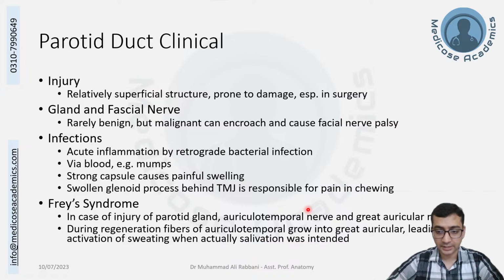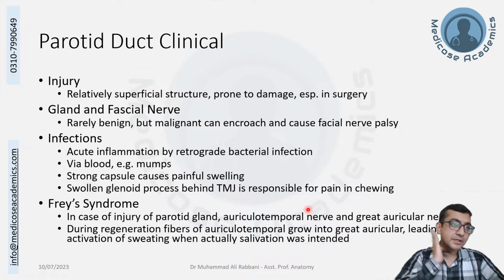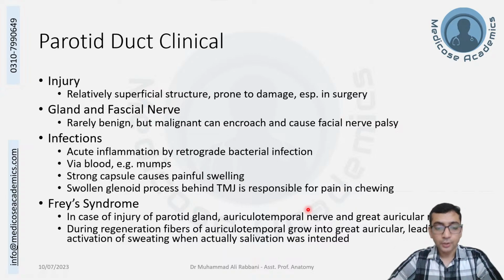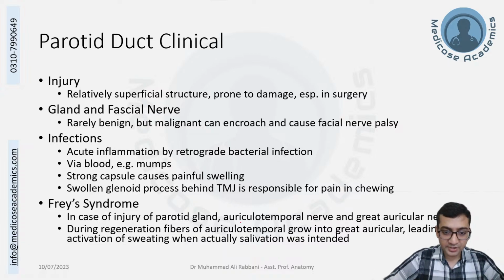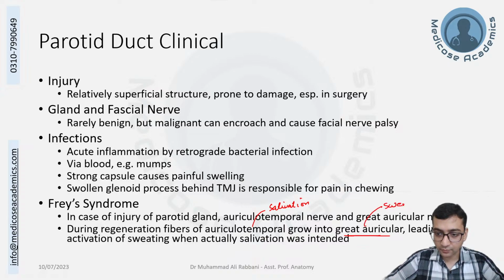The auriculotemporal nerve, on the other hand, was carrying the parasympathetic fibers that will activate the parotid gland. So if there is an injury or surgery in this area, and both of these nerves get damaged, there is a chance that fibers of one nerve grow into the other. So when you are eating, the auriculotemporal nerve that is responsible for salivation gets mixed up with the greater auricular nerve that is responsible for sweating.